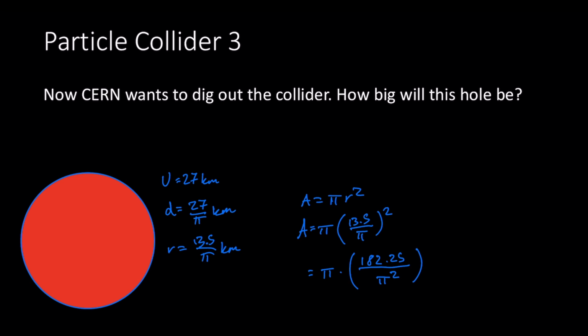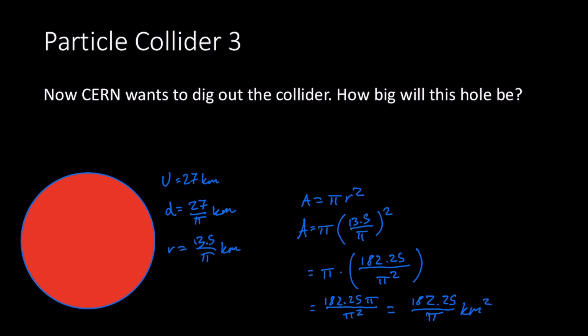To make this a little bit simpler, we can move pi up at the top. So 182.25 pi divided by pi squared, which is, pi minus 1 pi, is 182.25 divided by pi kilometers squared.